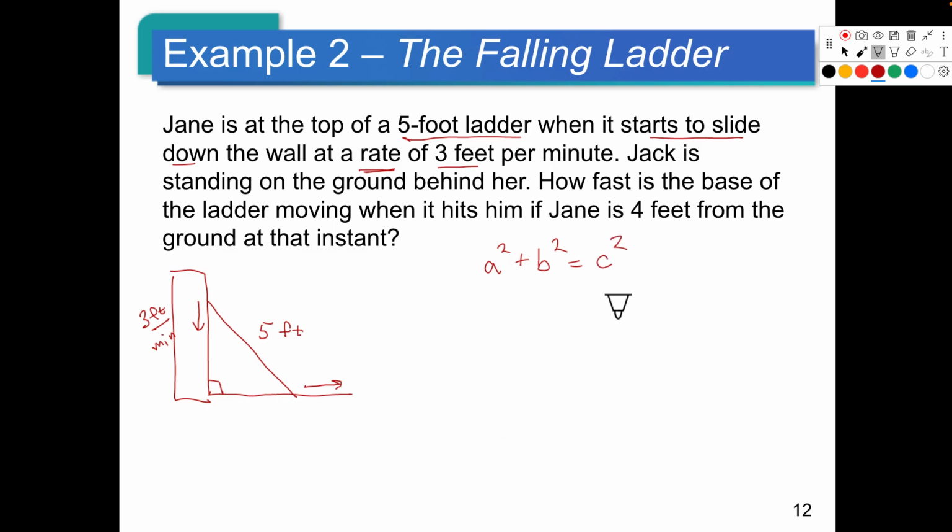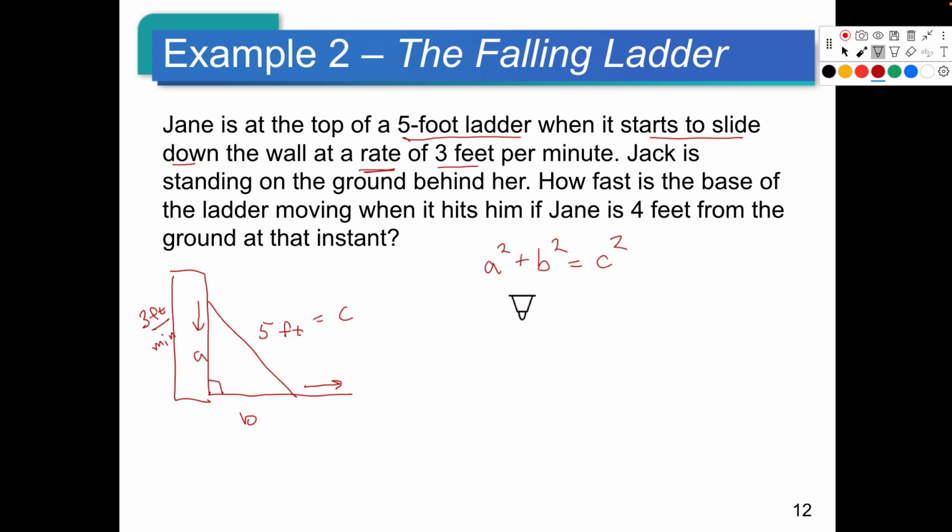And what does the c variable refer to? Hypotenuse, right? So could we just call this side A and this side B, and this would be side C. Side C doesn't change, it's 5 feet, but obviously A and B will change. You could use other variables if you want, but this is what we're going to use.